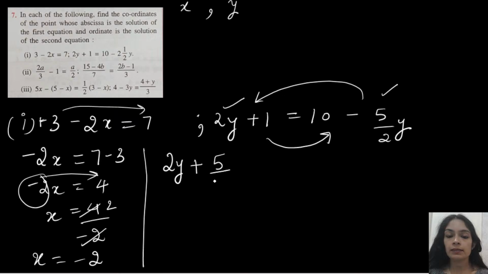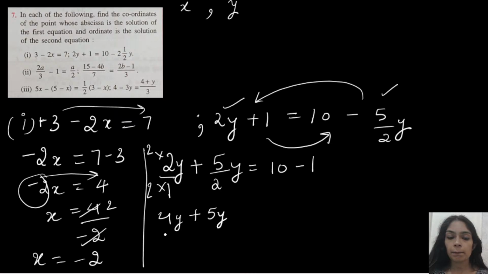So 2y plus 5 by 2y is equal to 10, and when we shift 1 to the other side, it becomes negative 1. Now here we have to take the LCM, because whenever fractions are added, we have to make the denominators the same. We multiply up and down here with 2. So this will become 4y plus 5y by 2 is equal to 9.